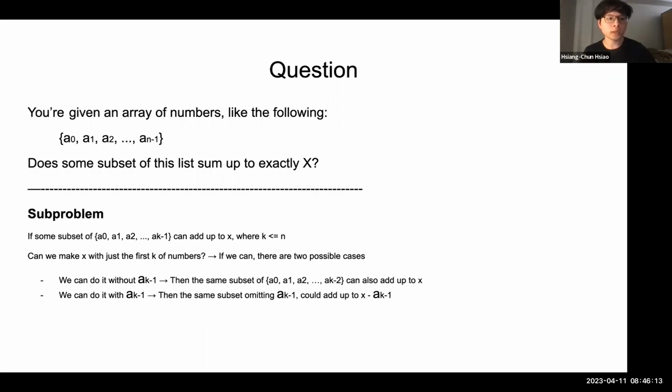So if we can do it without AK-1, then the same subset of A0 till AK-2 can also add up to X, because AK-1 doesn't contribute to the solution. If we can do it with AK-1, then the same subset omitting AK-1 could add up to X minus AK-1.